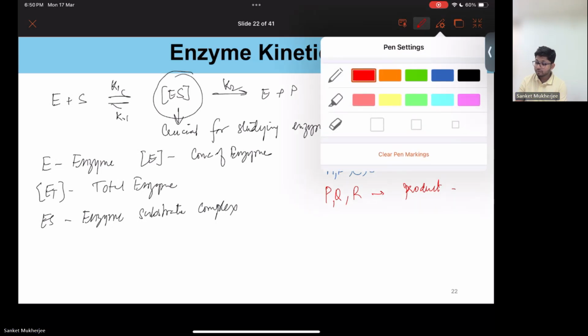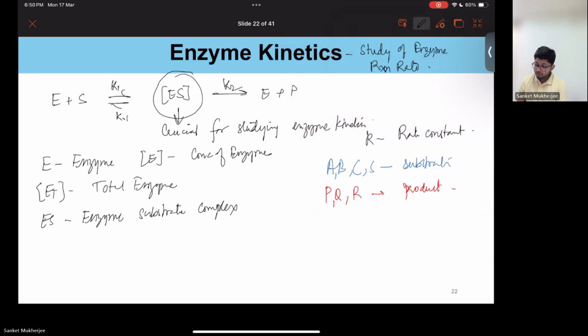Okay. So K1 is there, K minus 1 is there. So this is the forward reaction rate. Minus 1 is the reverse reaction rate.